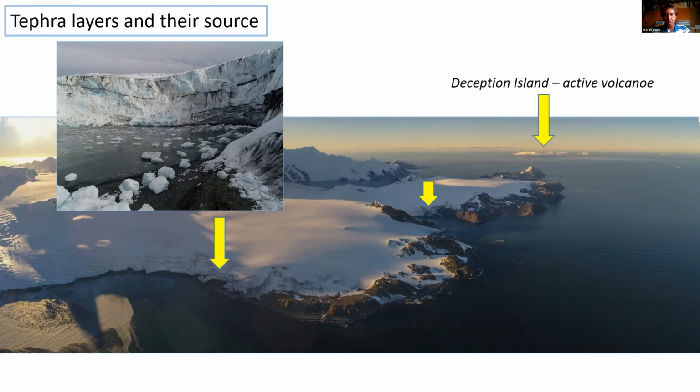There is evidence based on literature data that some of the tephra layers were sourced from Deception Island. Deception Island is an active volcano situated in the Bransfield Strait, about 25 kilometers south of Livingston Island.